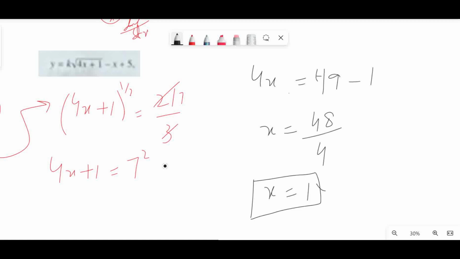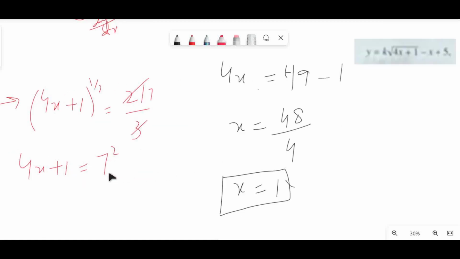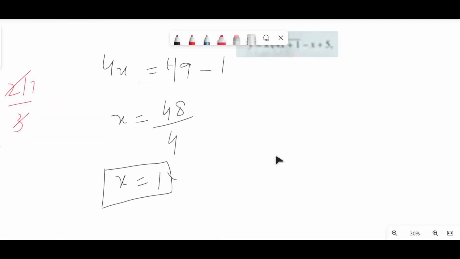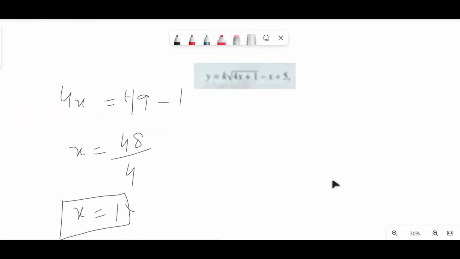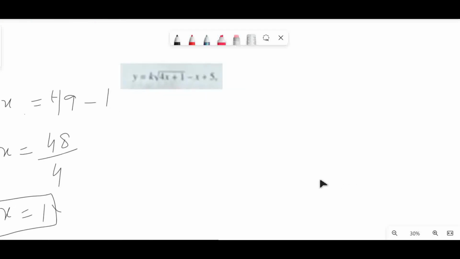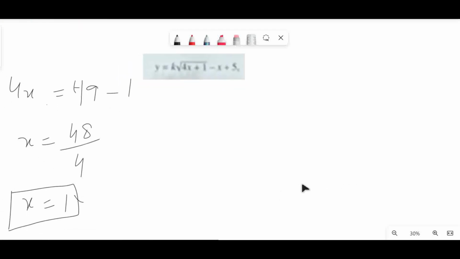Now let's find the corresponding value of y. For the corresponding value of y, we have to use the equation of the curve, and the equation of the curve was k into square root of 4x plus 1 minus x plus 5. Here the value of x is 12, so just put it over here.